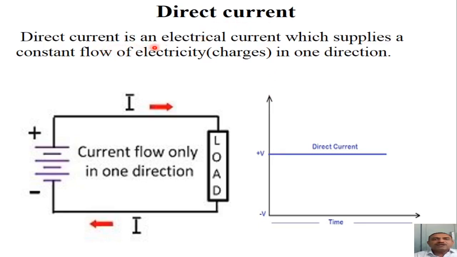Now direct current is an electric current which supplies a constant flow of electricity, that is nothing but charges in one direction. Very important words in the definition are the constant flow and the phrase one direction.